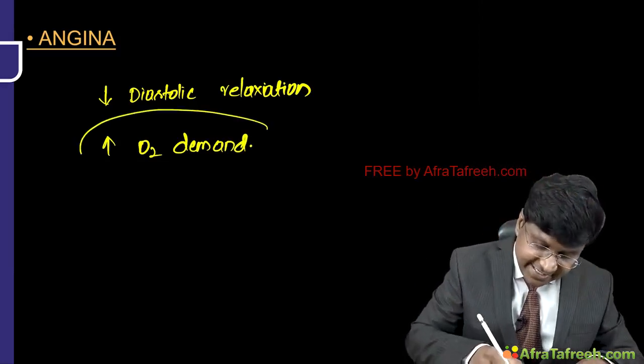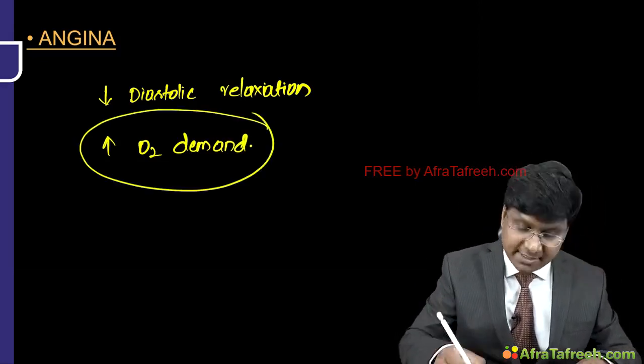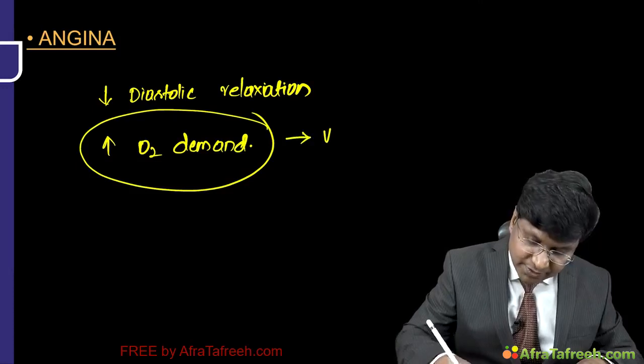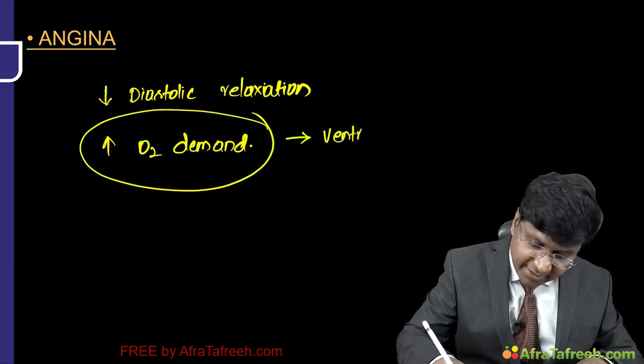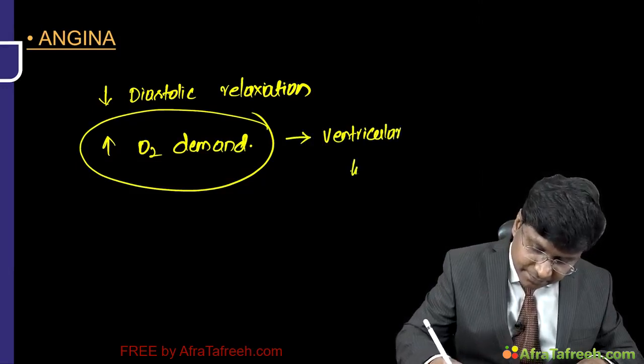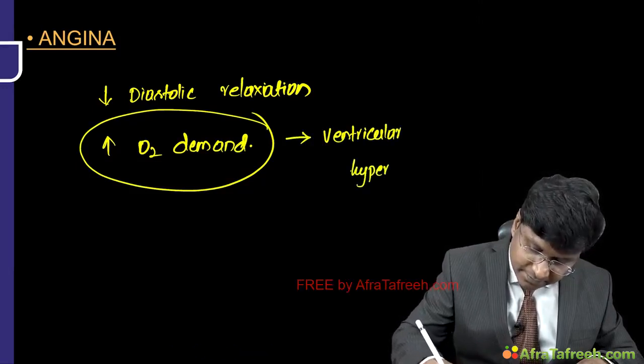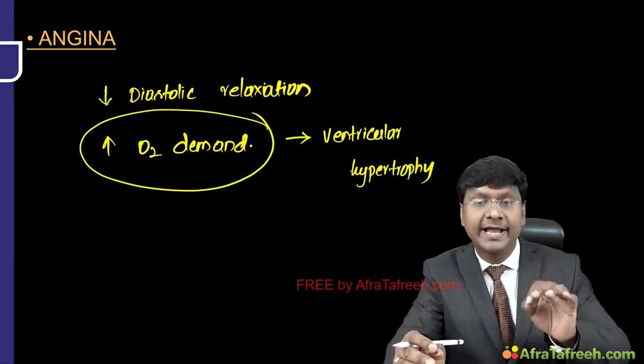And this increased myocardial oxygen demand is due to ventricular hypertrophy.